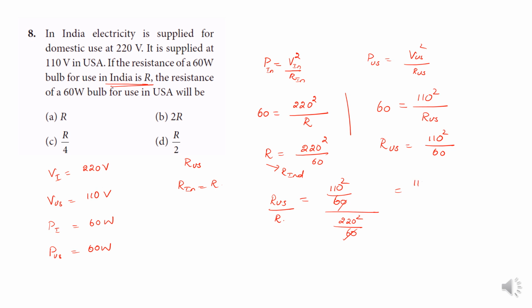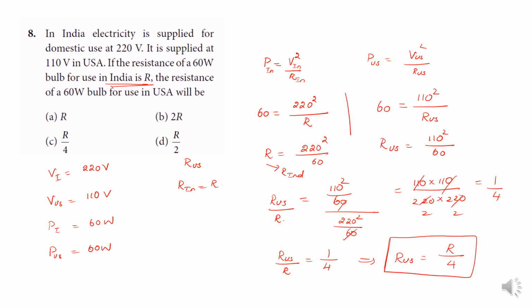So this is 110 into 110 by 220 into 220. So this is 1 by 4. So R US by R India is equal to 1 by 4. So R US is equal to R by 4 ohms. That means option C. Okay.